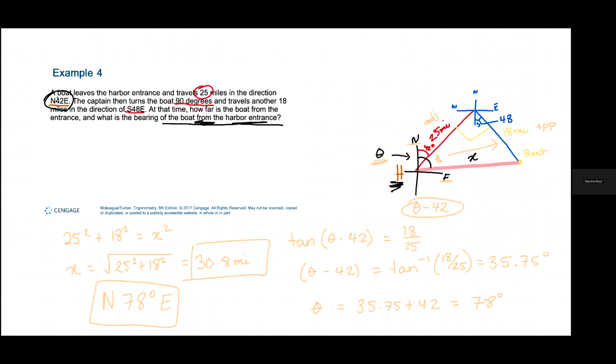Okay, let's do one last question for this chapter or section. So let's clean up.